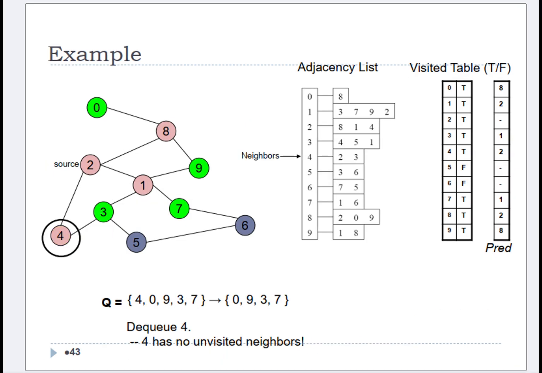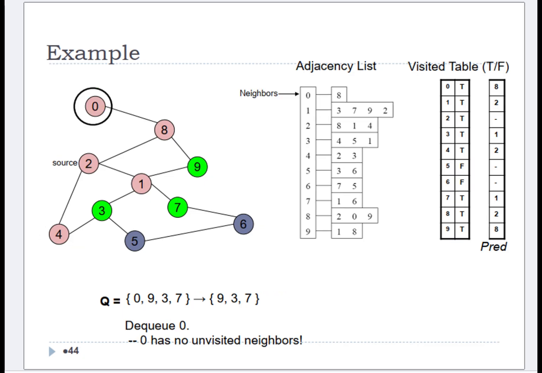Example: adjacency list, visited table T/F, source, pred, Q equals 4, 0, 9, 3, 7 → 0, 9, 3, 7. Dequeue 4. 4 has no unvisited neighbors.